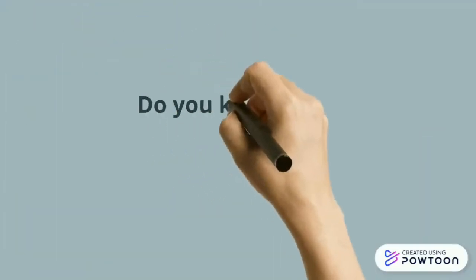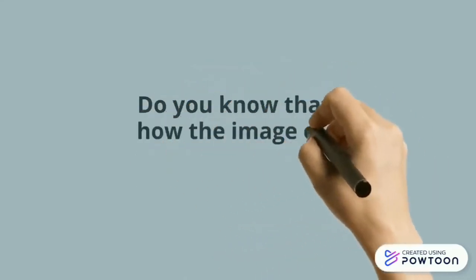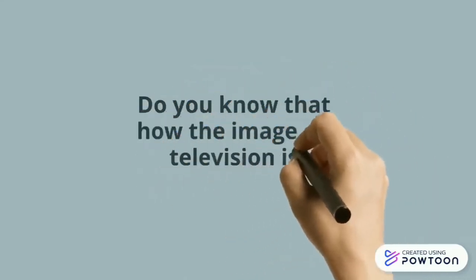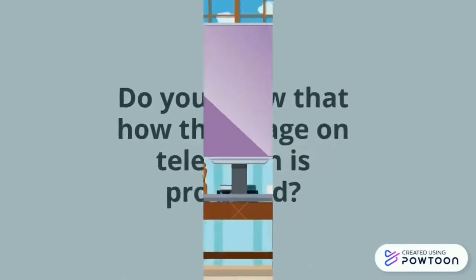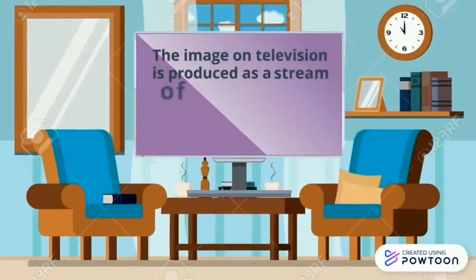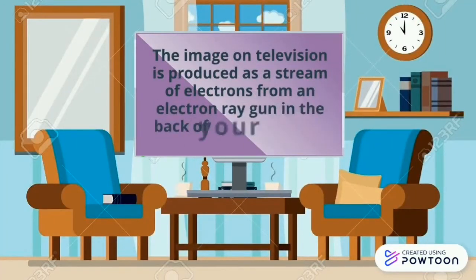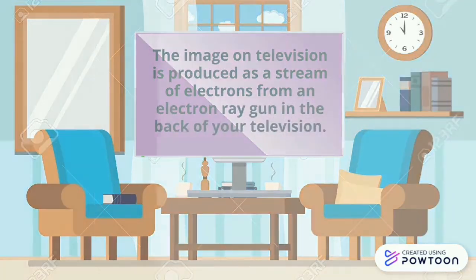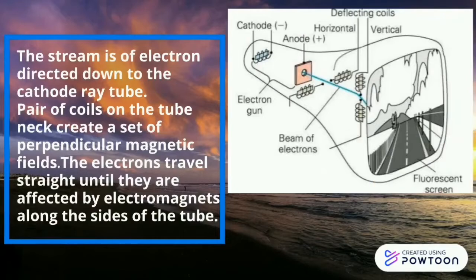First is the television. Do you know how the image on a television is produced? The image is produced by a stream of electrons from an electron ray gun at the back of your television. The stream of electrons is directed down the cathode ray tube.